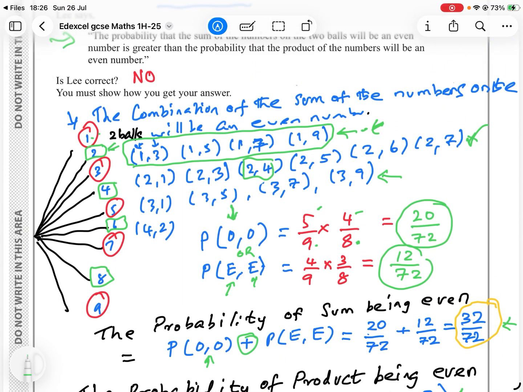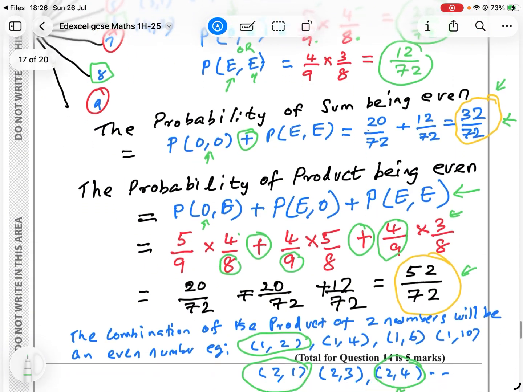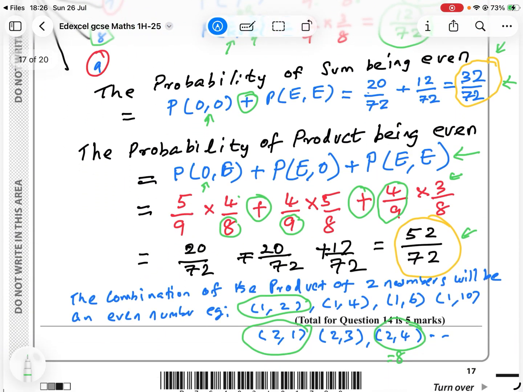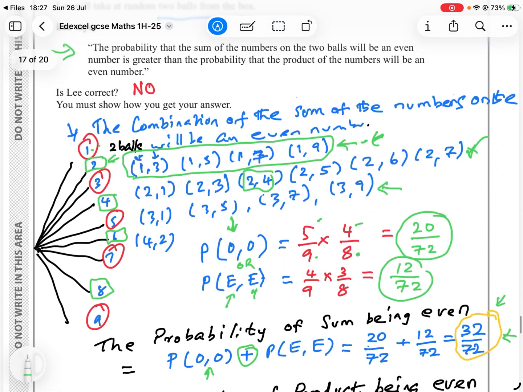So this is less than, isn't it? 32. So that is wrong. The probability of the product being an even number is greater, not the probability of the sum being an even number. So that's what you have to say. Is Lee correct? No. Thank you.